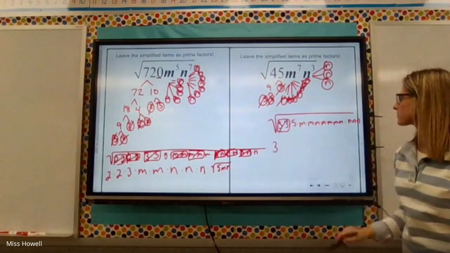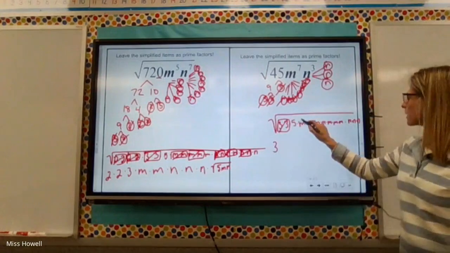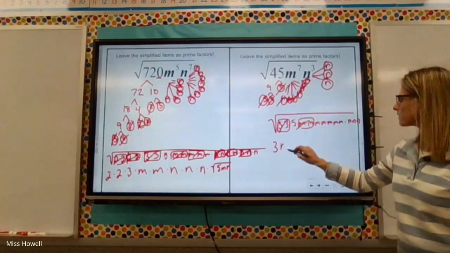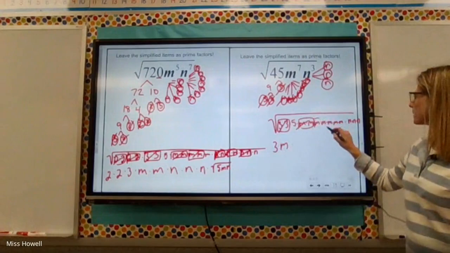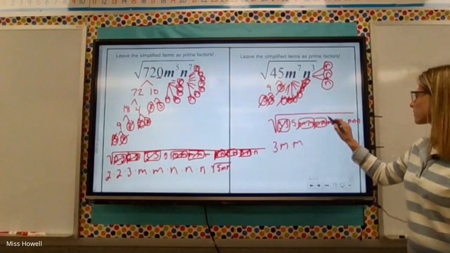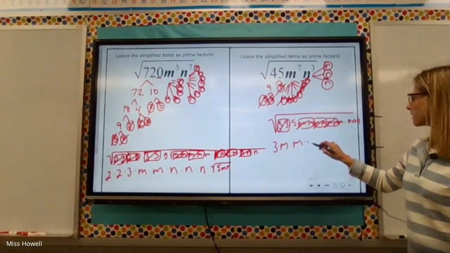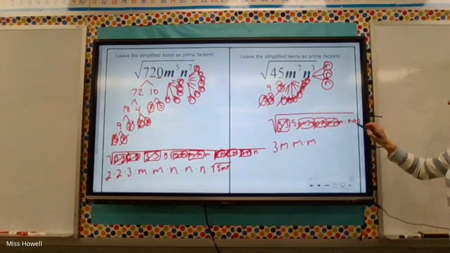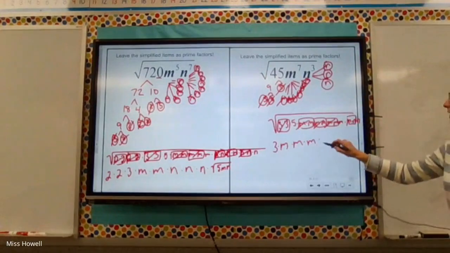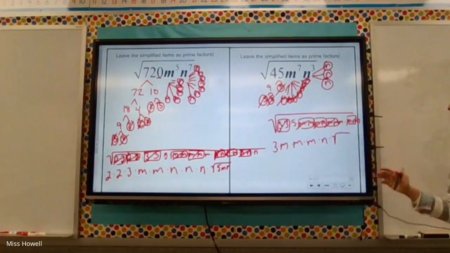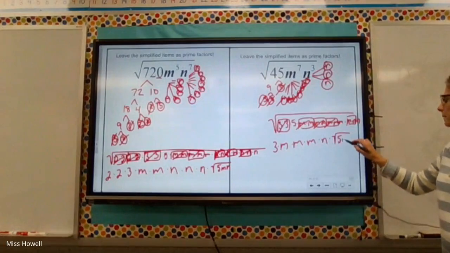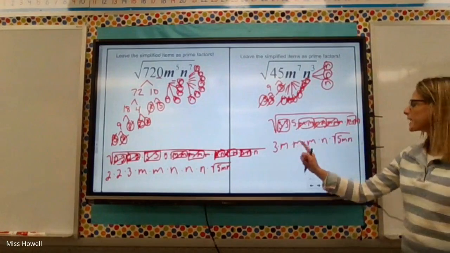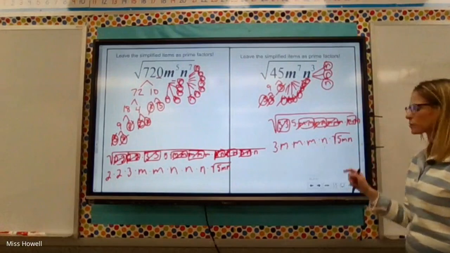Square root of 9 here. 5's left over. We have an m here, another m, a third m. One m left over, leave it alone, and then an n that can come out, and then all our leftovers is one big factor of 5mn. All right, so we have 3mmn and a square root of 5mn.